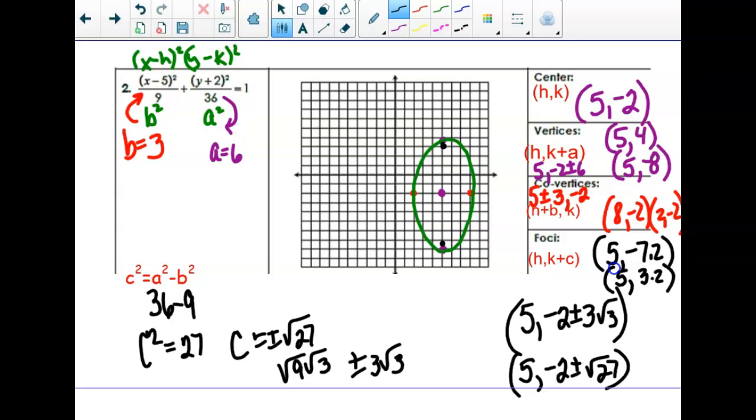Any questions? I agree. Other than circles, I think circles are even easier because there's no foci to worry about, right?